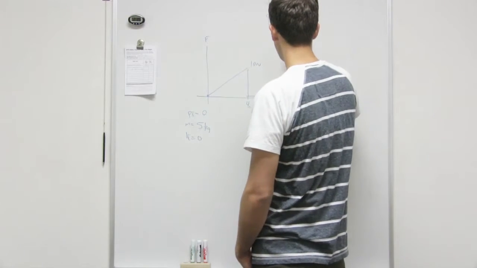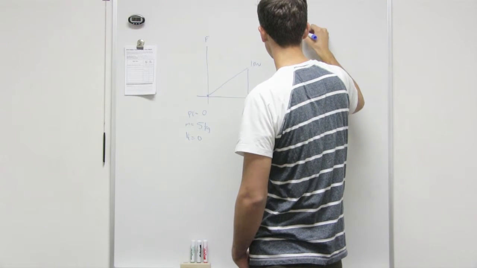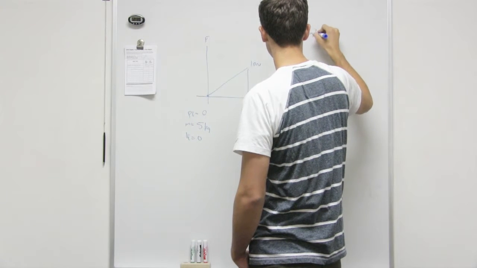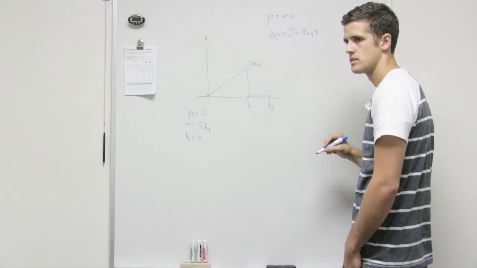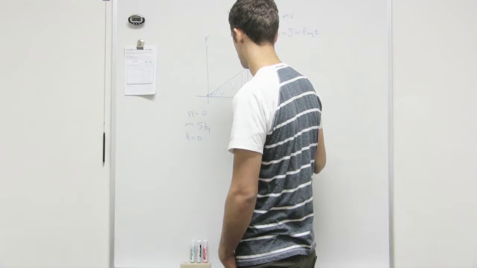Okay. Change in momentum is J, which is equal to the force times the time. So what's the area under this graph? Well, 10 times 4 is 40, divided by 2 is 20.